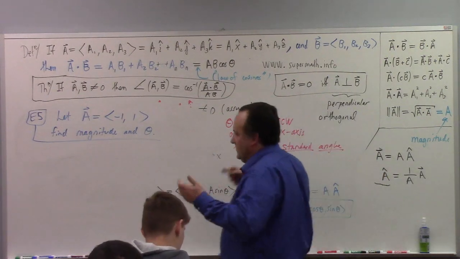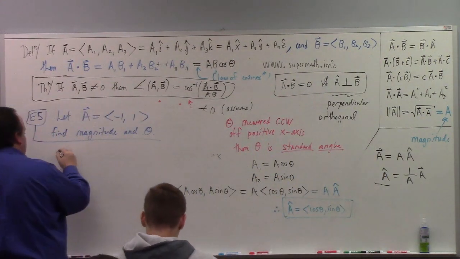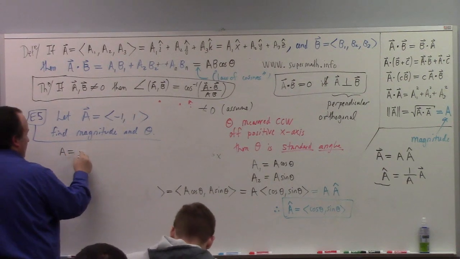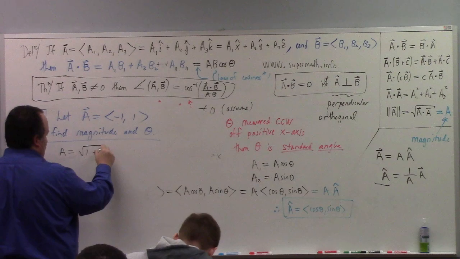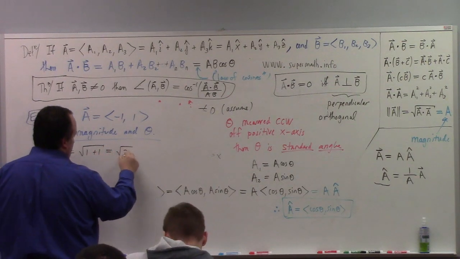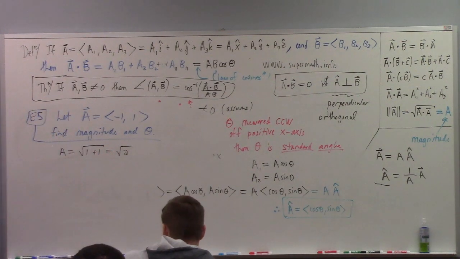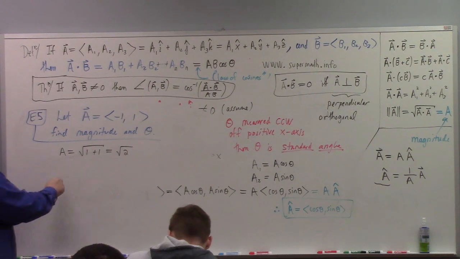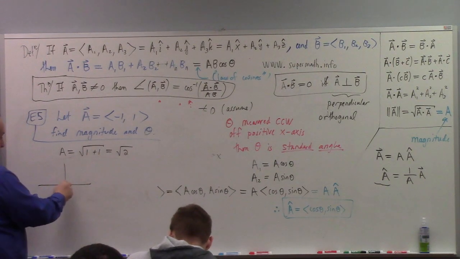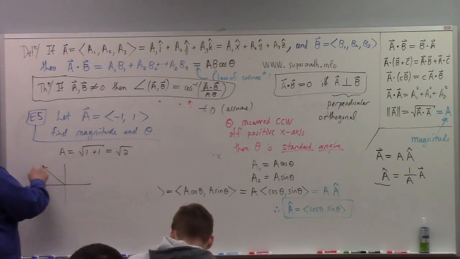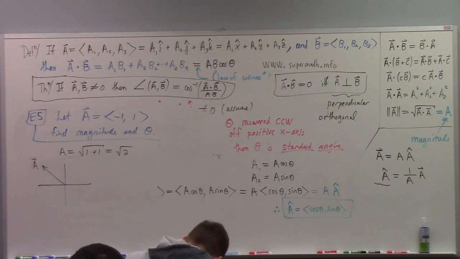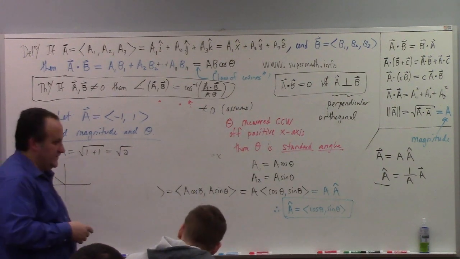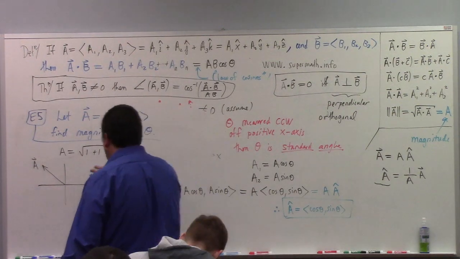Okay, so anyway, what's the magnitude? A is the square root of 1 plus 1, which is the square root of 2. So the magnitude is the square root of 2. And if I draw a picture of it, where is this thing? So then what's the standard angle there?